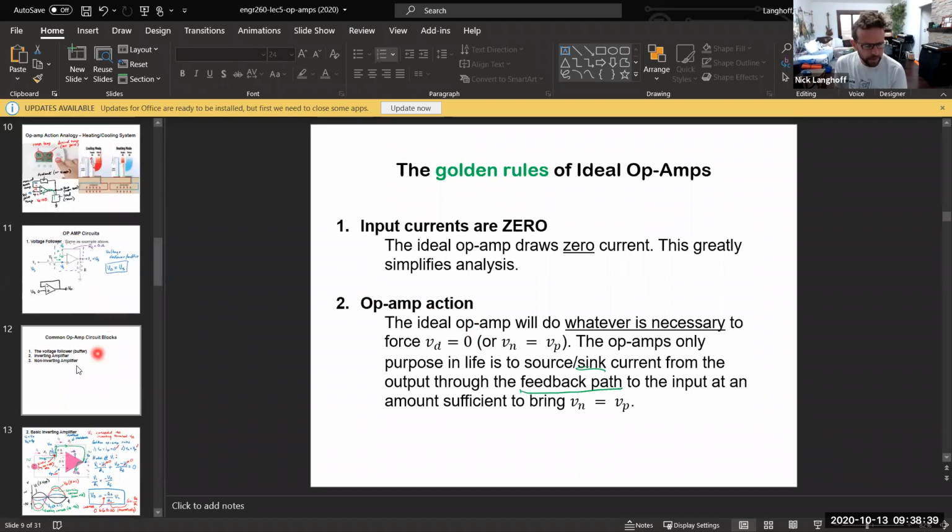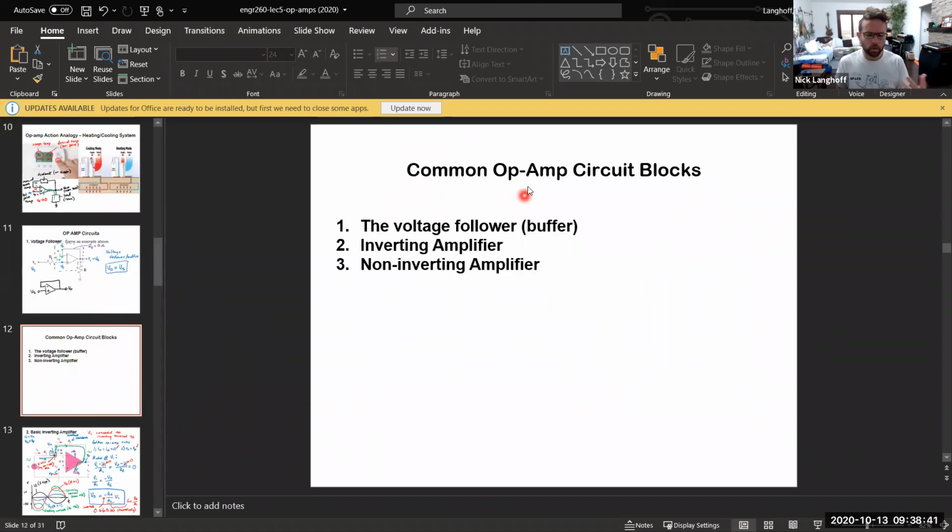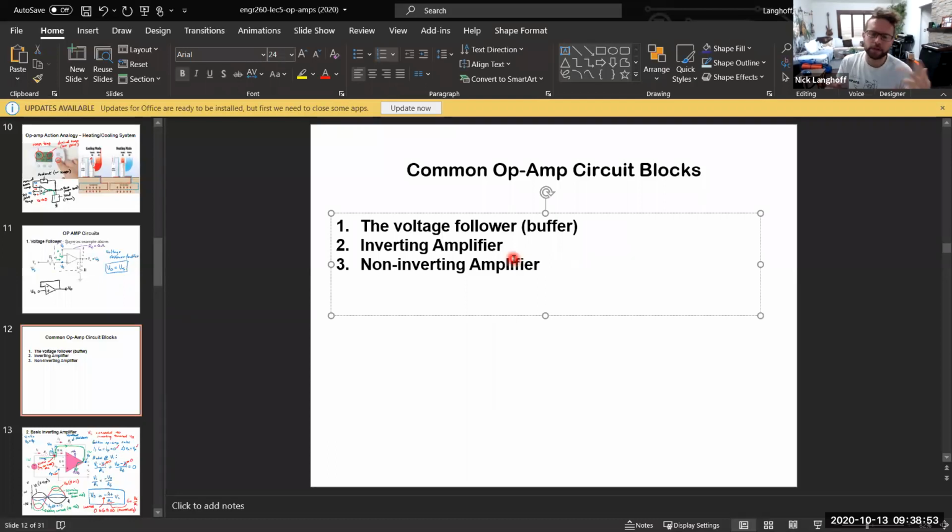We derived the formulas and the response and behavior of a few very common op-amp circuit blocks, for two reasons. One was to show how to apply the golden rules to analyze op-amps and derive the relationship for something where you don't know how the op-amp works.